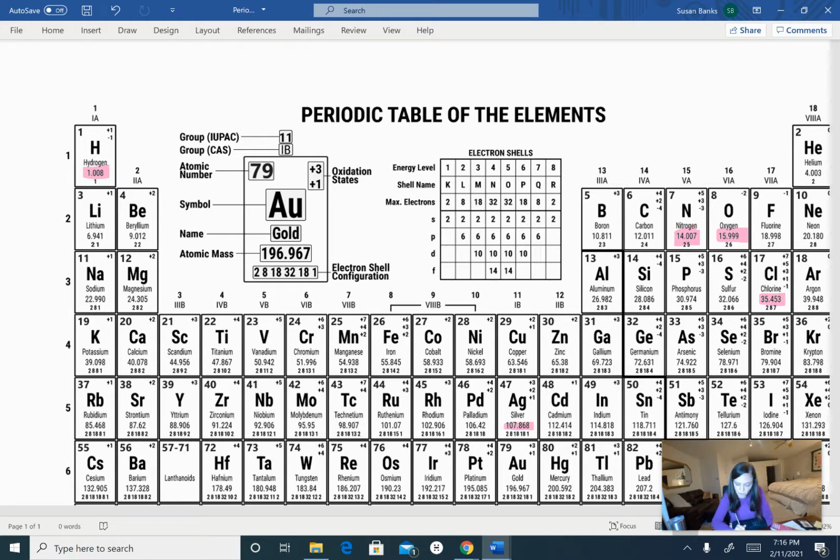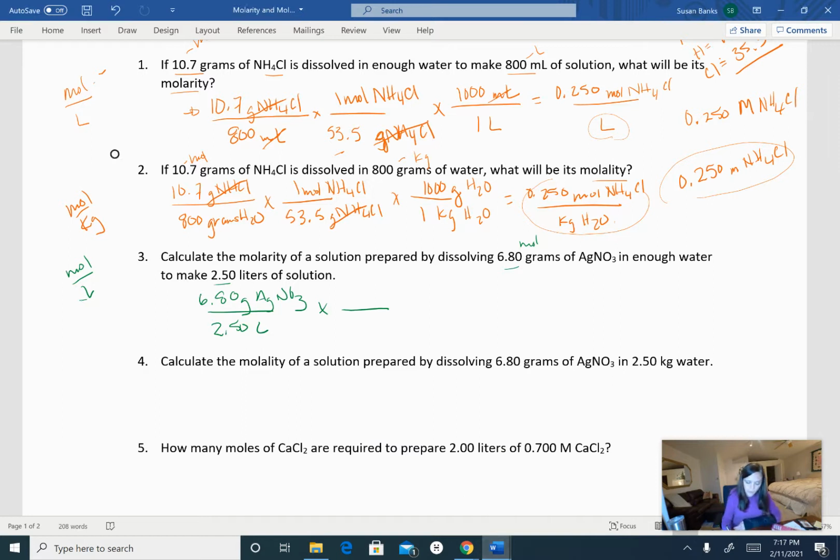So silver, 107.9, nitrogen, 14, and oxygen, I've got 3 of them, so 3 times 16. So when I add that up, I get 169.9 grams per mole.